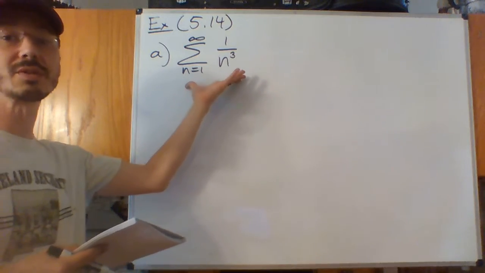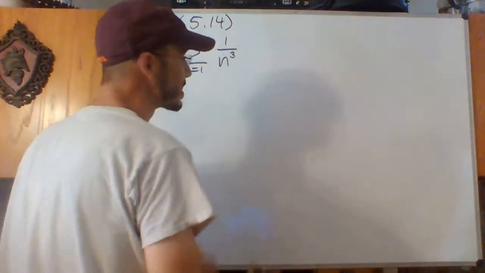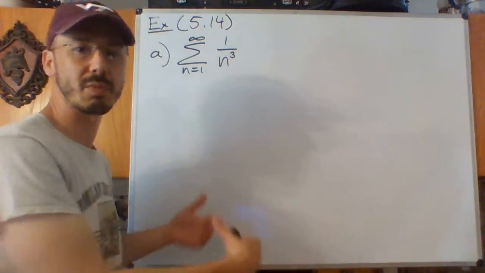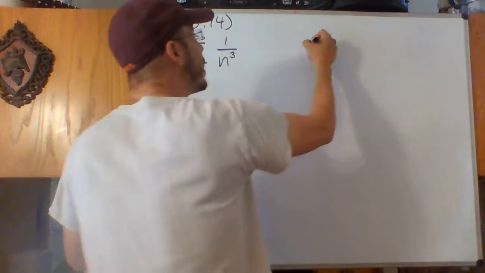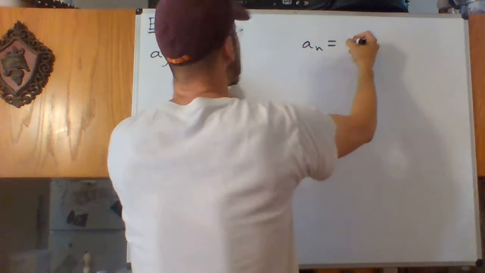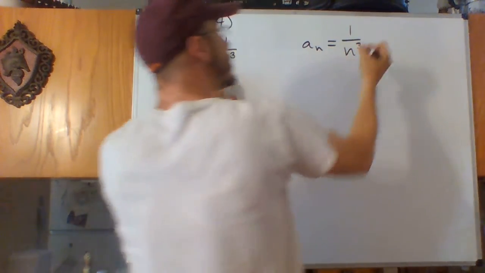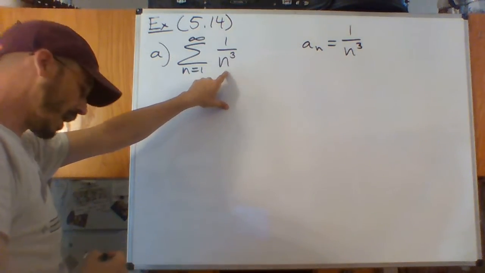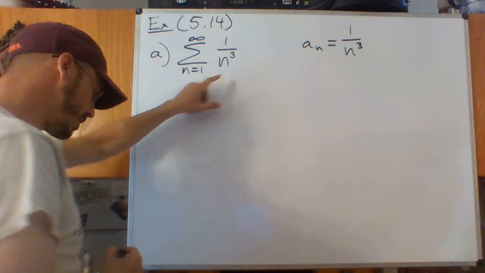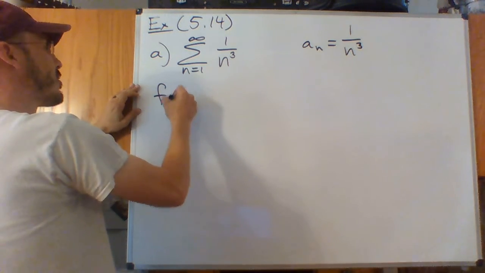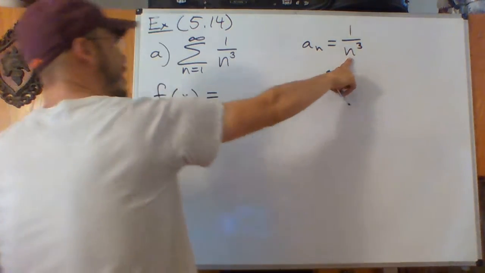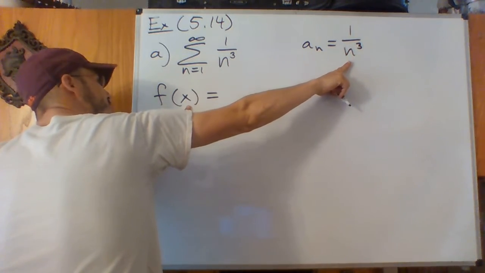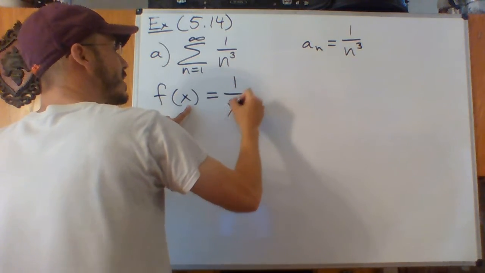For now, though, I want to use the integral test because that's why the other test works. So this is some justification for the next thing too. Now my an is 1 over n cubed, and the function f of x equals, now I want that as a function of x, 1 over x cubed.